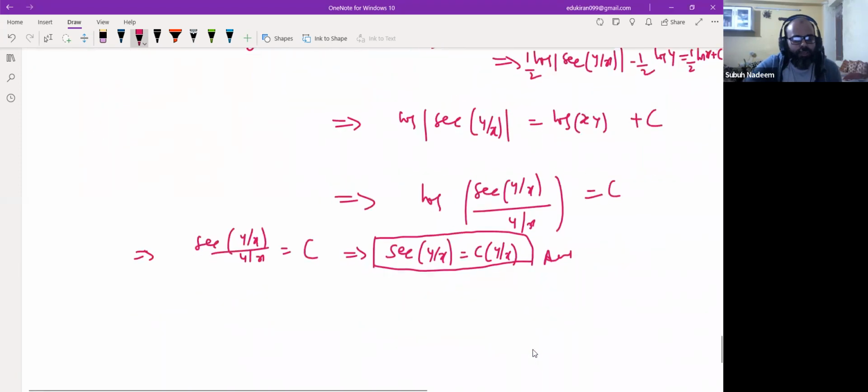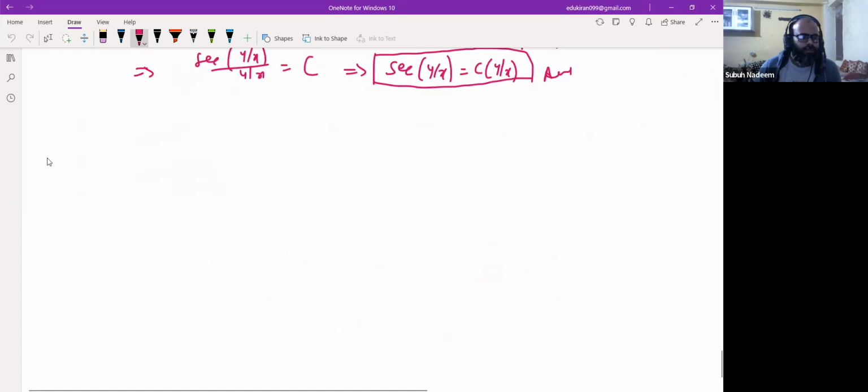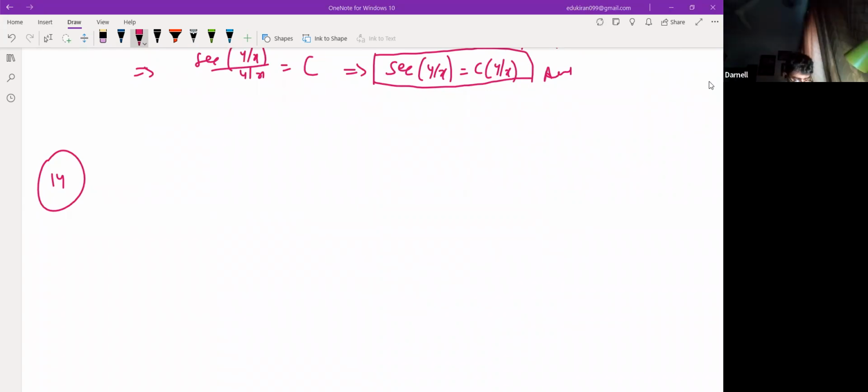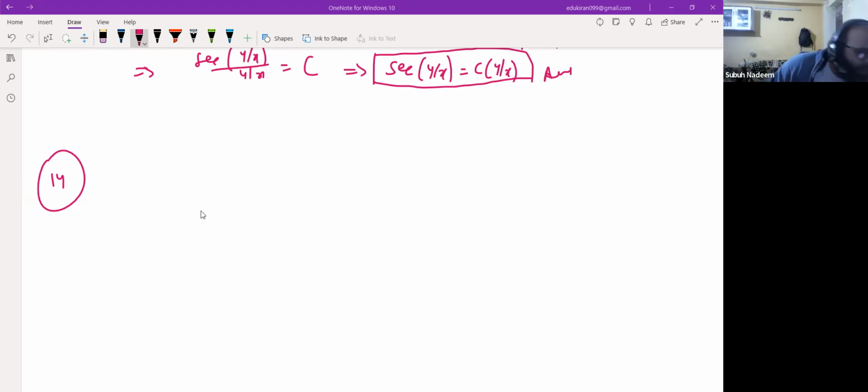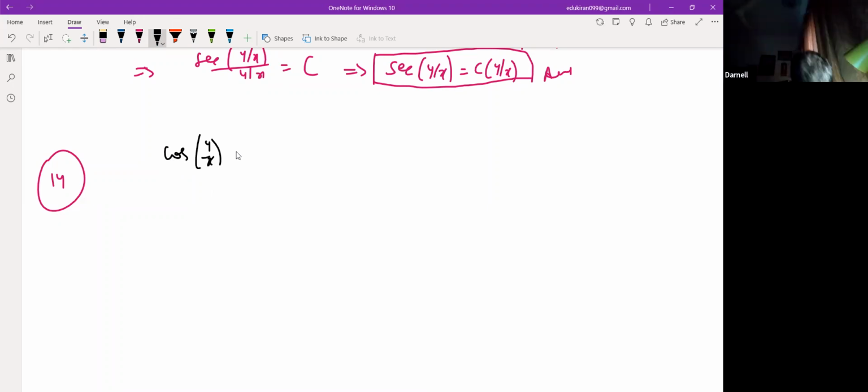So 14th is the next last one. For the 14th one, I got cos y by x is equal to log of x plus log of e. Okay, 14th one also you did. What is the answer for 14th one? Cos y by x is equal to log mod of x plus log e.